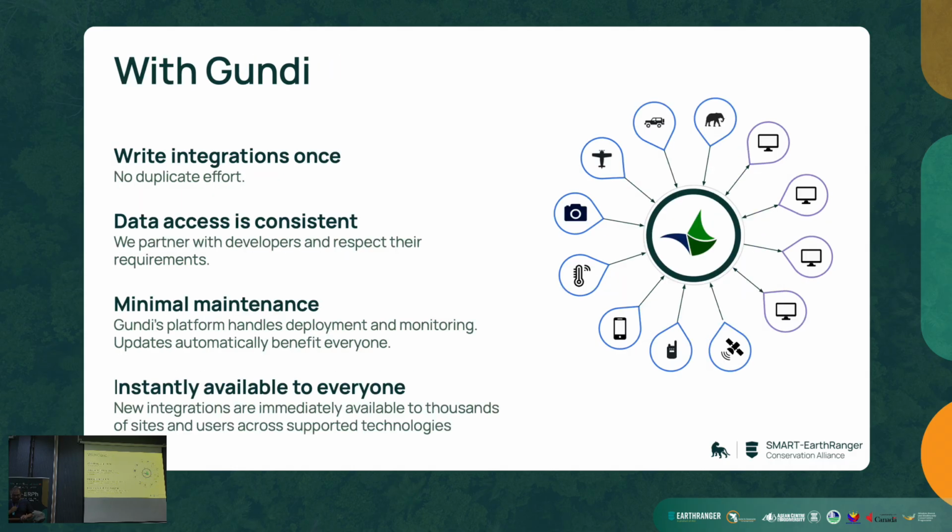Enter GUNDI. It's a very new project. It will be available for everyone as a self-service platform that has a lot of integrations that you can select. You can select, I am interested in getting this source data. You select that, and then you can select where you would like this data to go.